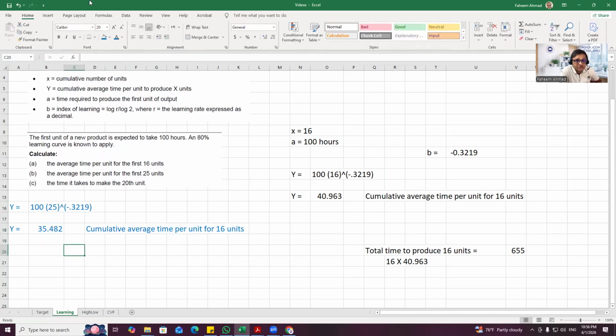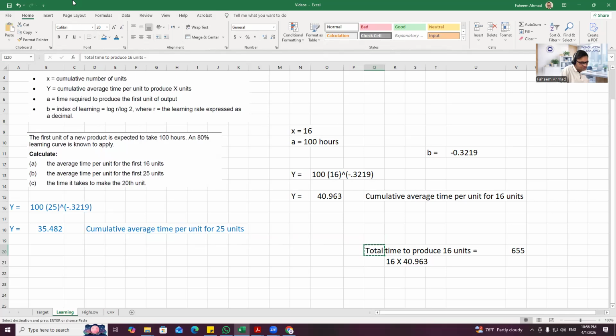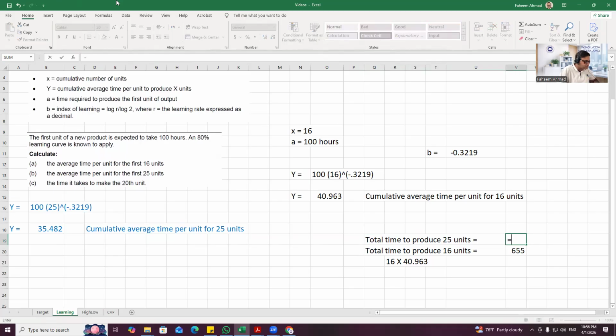So this is cumulative average time for first 25 units. Excellent. Now we can calculate total time taken to produce 25 units. So that will be this number times by 25.